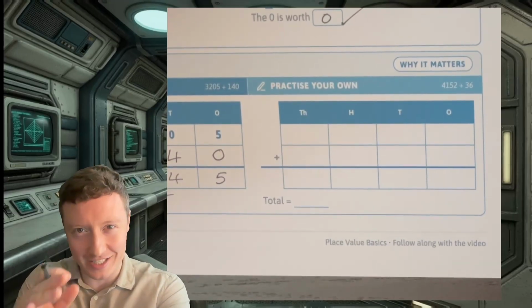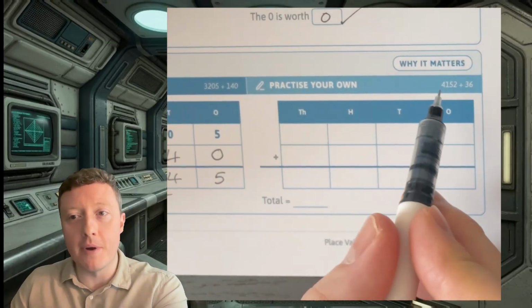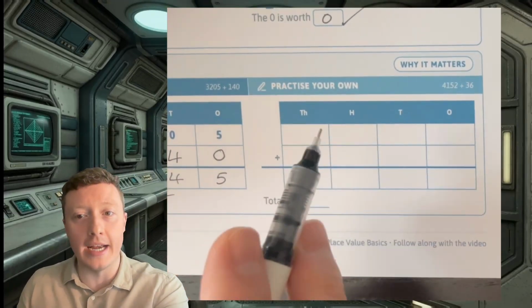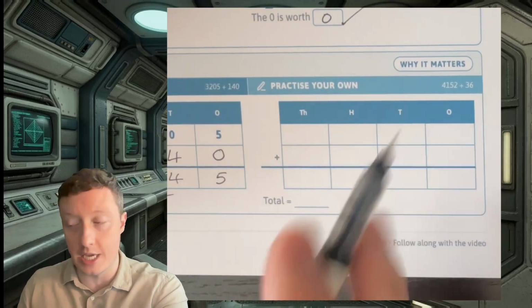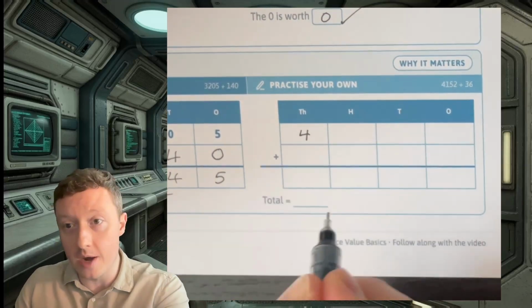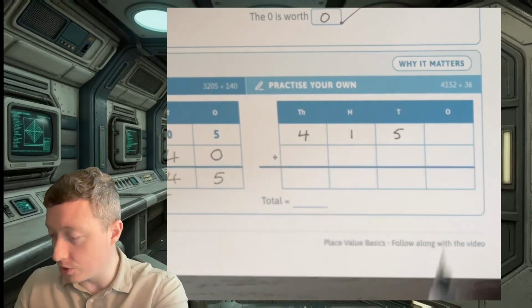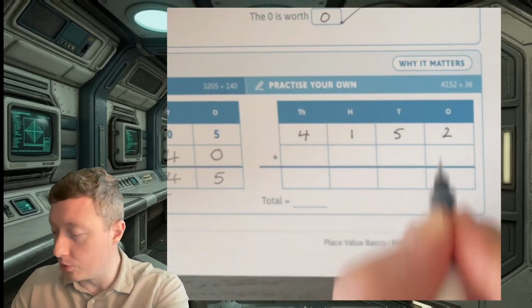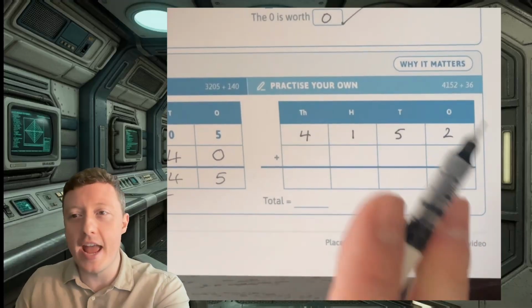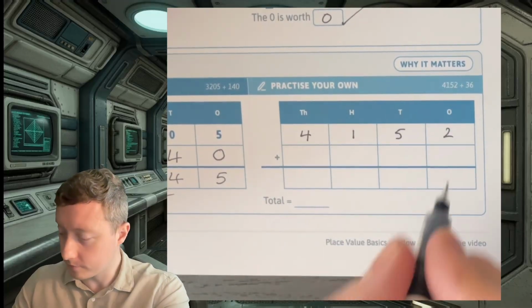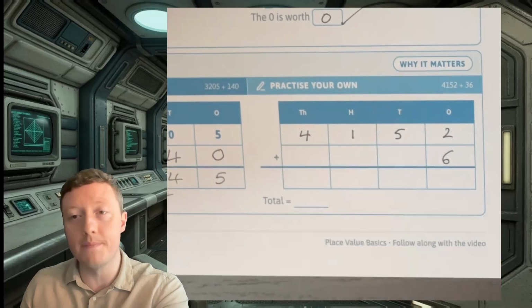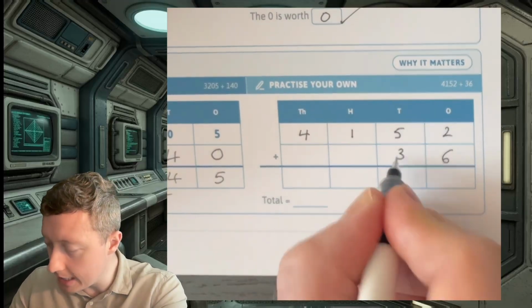And we're back. Let's see how you got on. Now, the first number, 4,152, I need to put on the top line just here. The 4 goes here, the 1 goes here, the 5 goes here, and the 2 goes here. Did you get that? And then 36. The 6 is in the 1s column, and the 3 is in the 10s column.